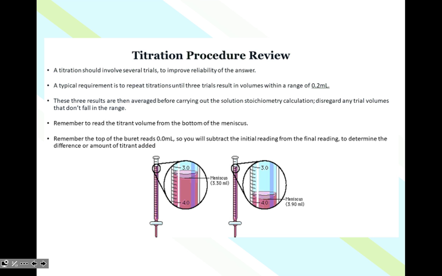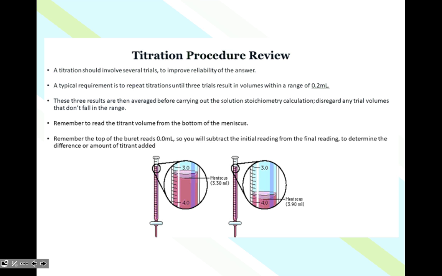So here's the procedural review again. A titration should involve several trials. You need to really have 3 good data points. A typical requirement is to repeat titrations until 3 trials result in volumes within a range of 0.2. These 3 results are then averaged, and then you use that averaged amount as your volume. Remember about the meniscus, I talked about that.